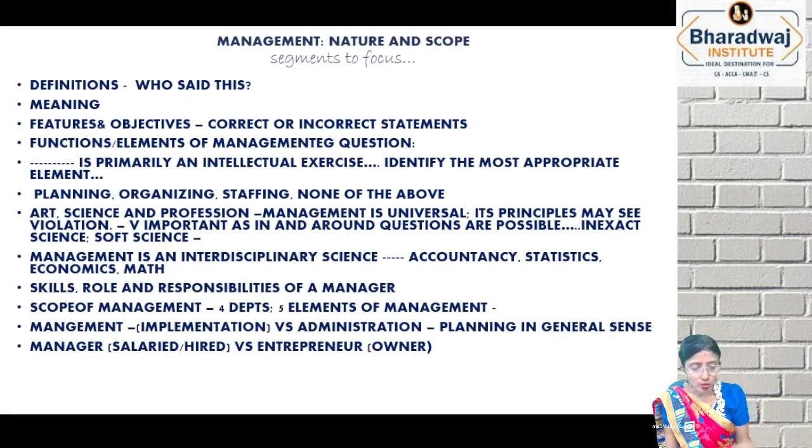Now, please note the revision tips. Ma'am, what should I focus on in this topic? Look at these definitions. And this suggestion I'm giving you in the revision itself: the PPT slide which was made for this topic and shared with you in the group study. For each topic, I'm going to tell you the sources.